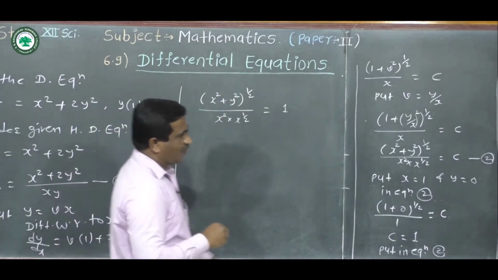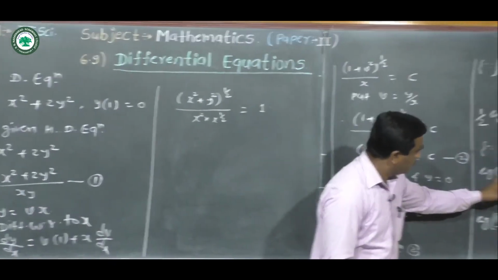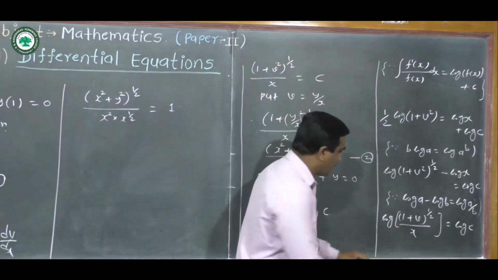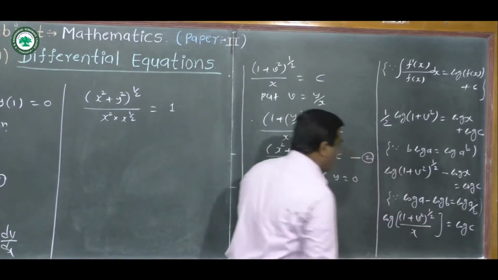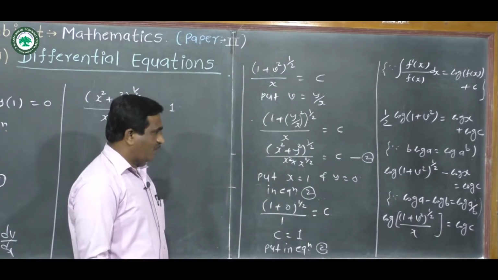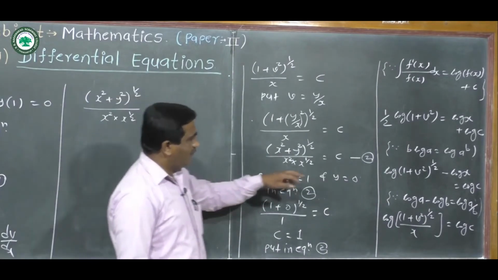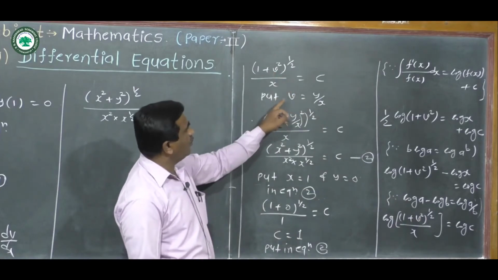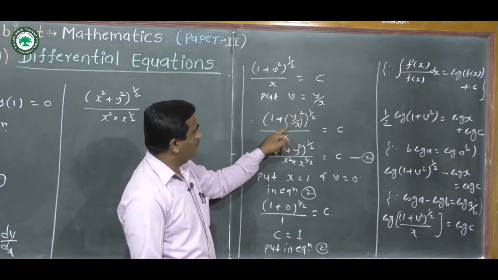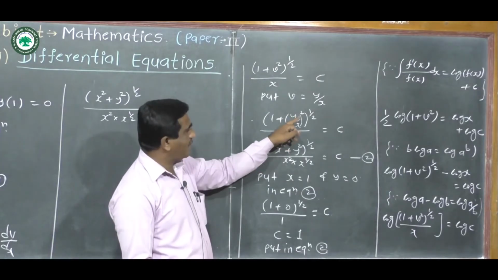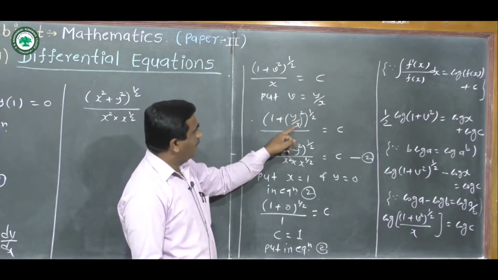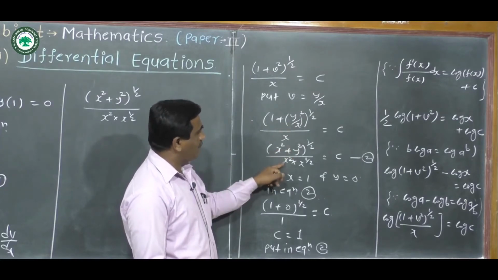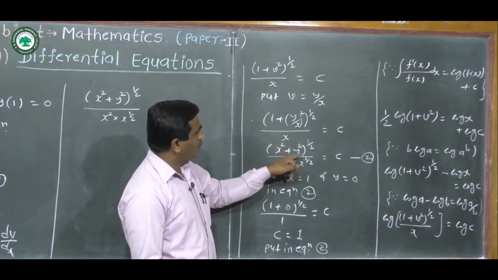Okay, because here the value of log of 1 plus v square minus log x, that is, we get log of (1 plus v square) raised to 1 by 2 upon x. Instead of v, we can write here v square, and we put value of v as y upon x. That is, we get (y upon x) square, and we can take this addition. We get x square plus y square upon x square, into x raised to 1 by 2.